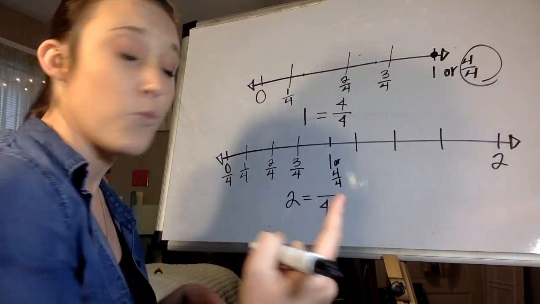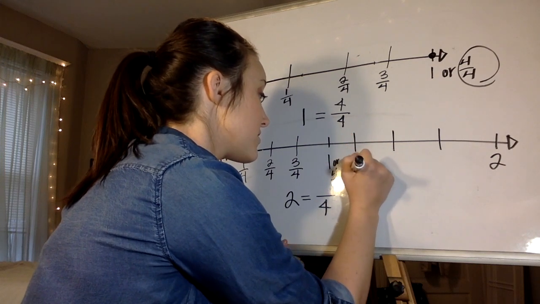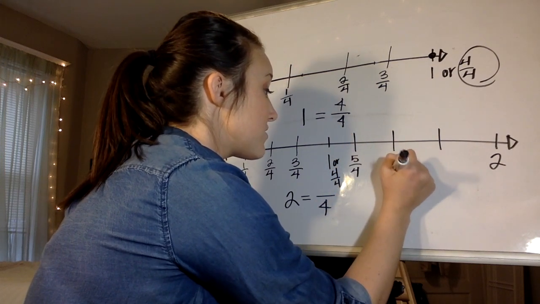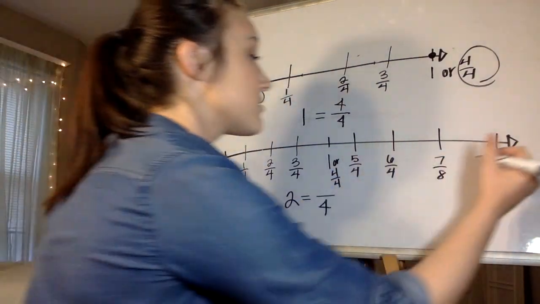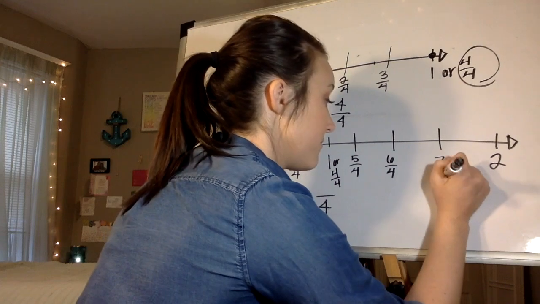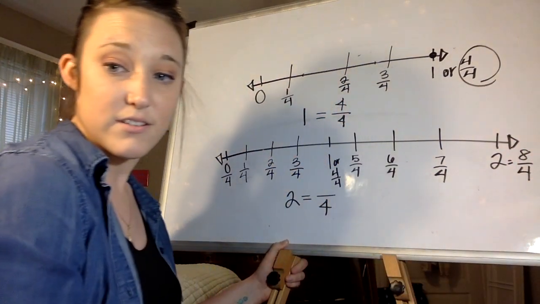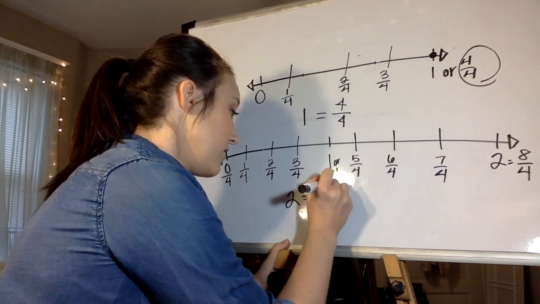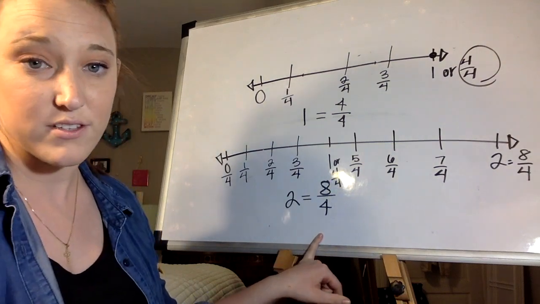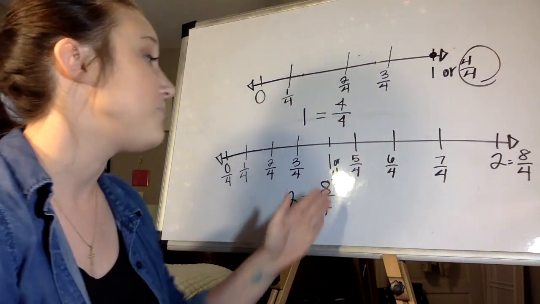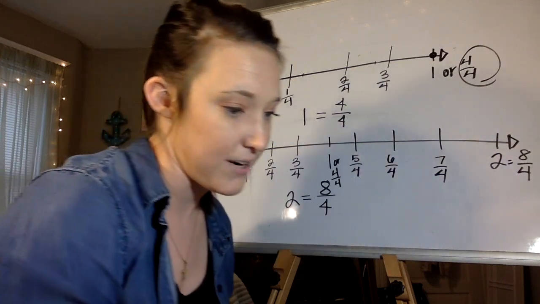So I'm going to keep adding 1/4. 4/4 plus 1/4 is 5/4, 6/4, 7/4. 2 wholes is equal to 8/4. So down here I have 2 equals 8/4. All I did each time was add 1 unit fraction to the previous one to get my next tick mark.